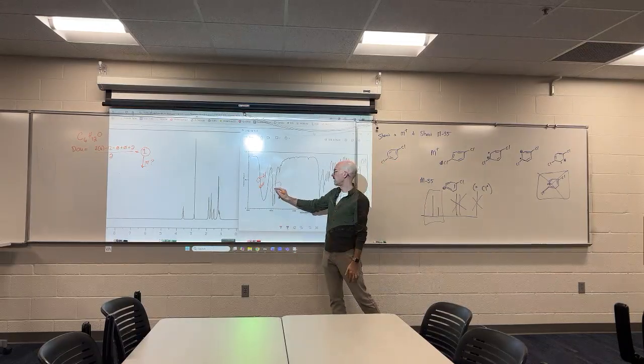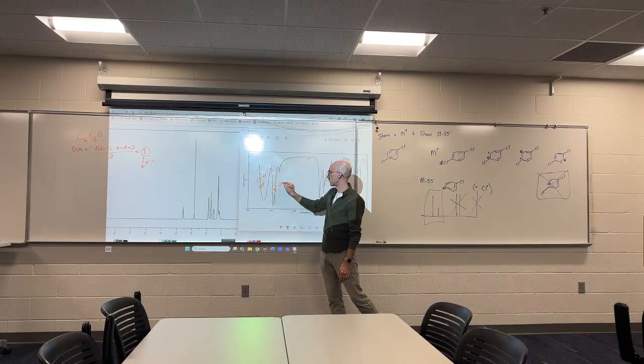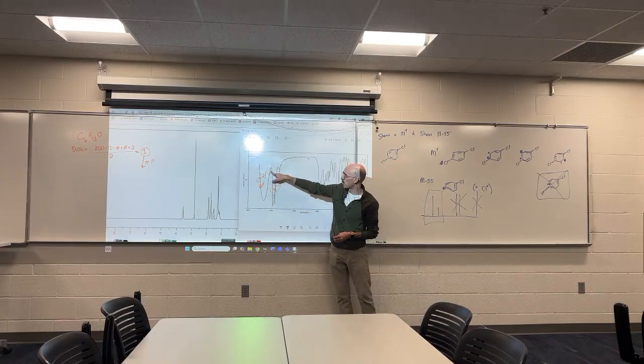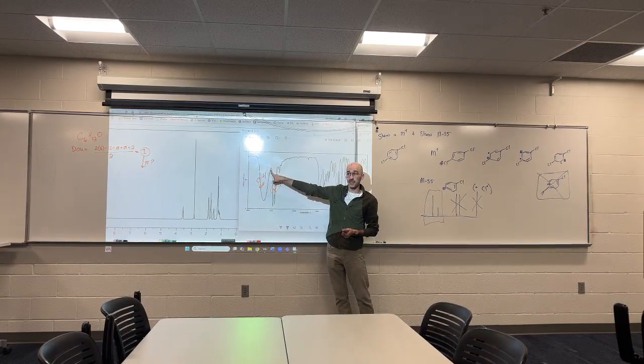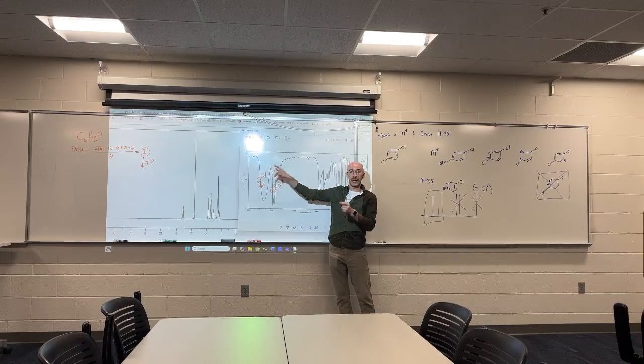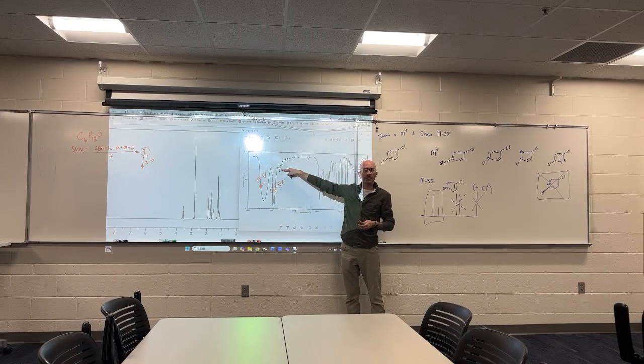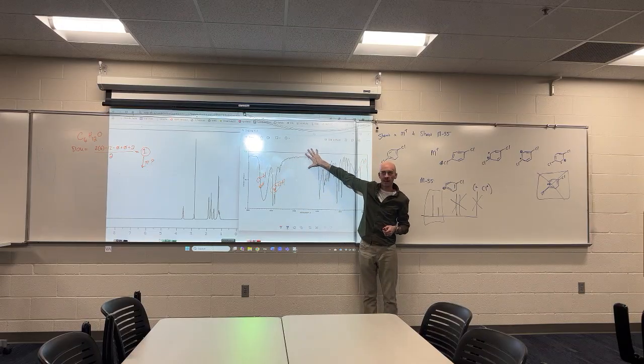The most common bond type in all of organic chemistry, sp3 CH. But any evidence of an sp2 CH? I should have seen a signal right here, and there's nothing there. Okay, well here's something. What's that guy? I'm going to ignore it, because if that looks like the CH of an aldehyde, I know I don't have an aldehyde.